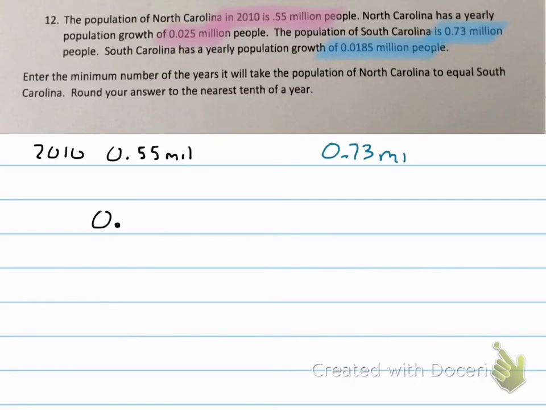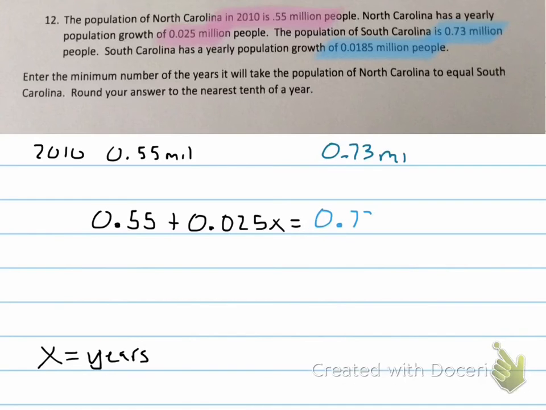So 0.55 plus 0.25x, where x equals the years, which is connected to the population growth, equals 0.73 plus 0.185x.